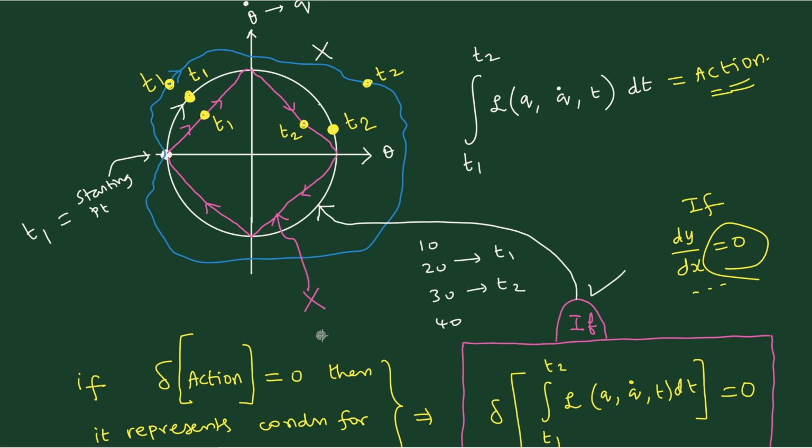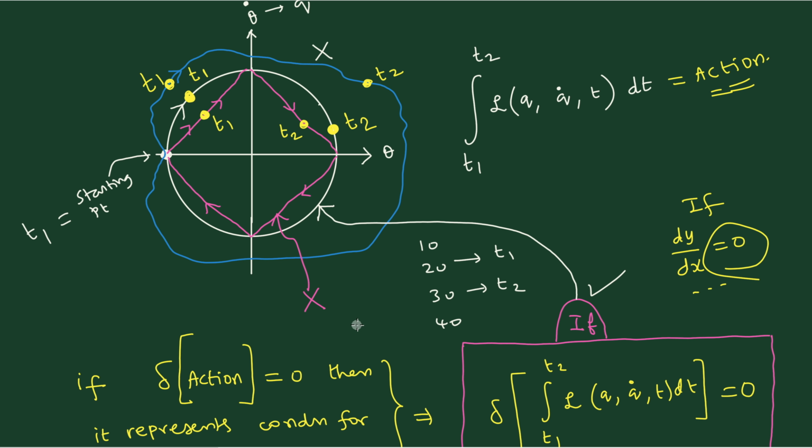For each trajectory you ask whether the delta of the action integral is 0, and if it is not 0, you reject. Ultimately you will discover one trajectory for which the delta of the action integral is 0, and that is the path taken by the dynamical system. And that's all.